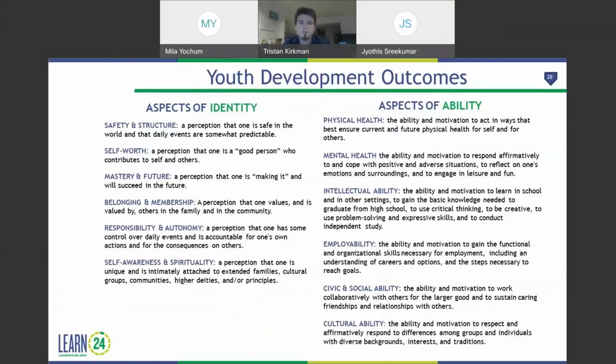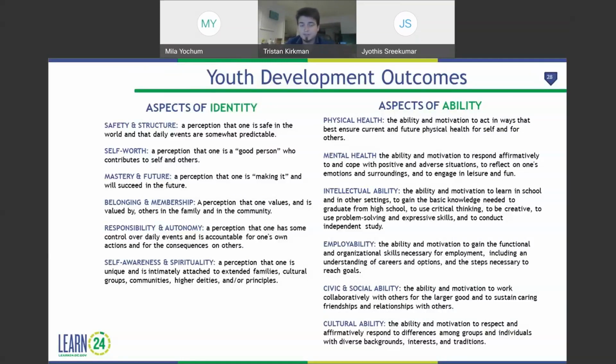So something that may be useful when determining your outcomes is to consider the developmental youth outcomes approach. The youth development approach begins with an intentional program design to define youth outcomes. Youth outcomes are the attitudes, knowledge, or behaviors that the program hopes all youth in the program will achieve as a result of participation in the program. And there are 12 different developmental youth outcomes in 2 categories: identity and ability.